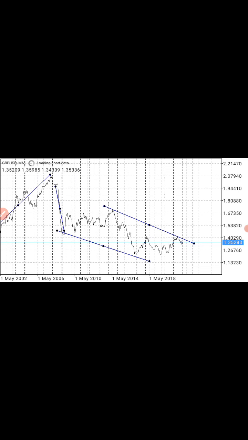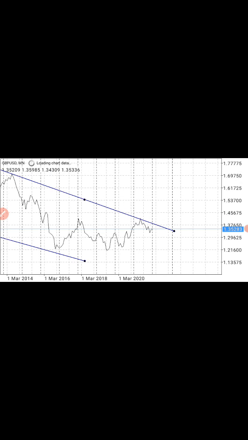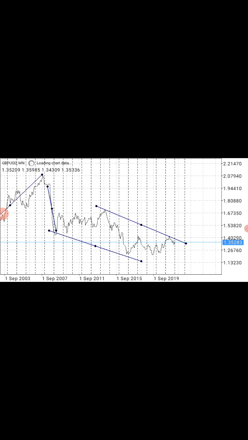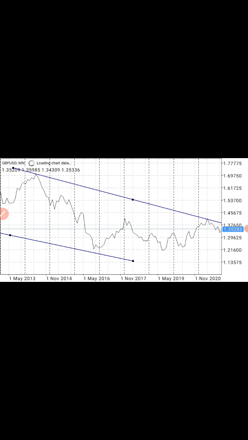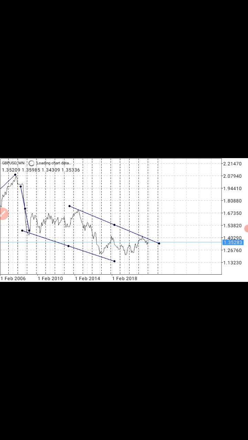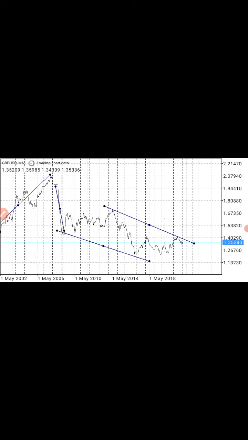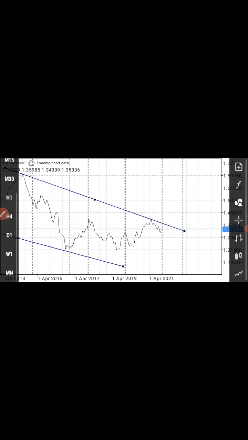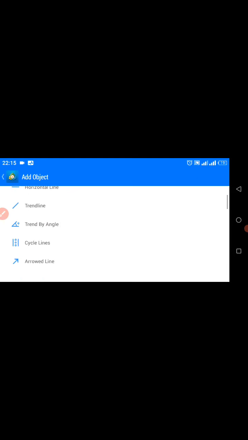So now I'm going to look inside here. Maybe I'm going to find any pattern, any double top pattern. I see something here.